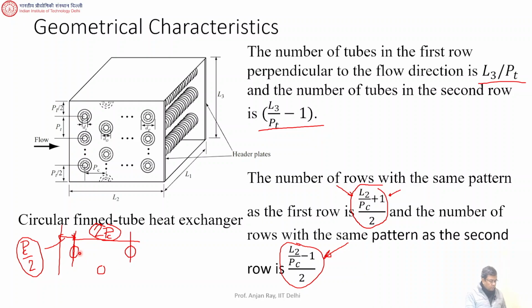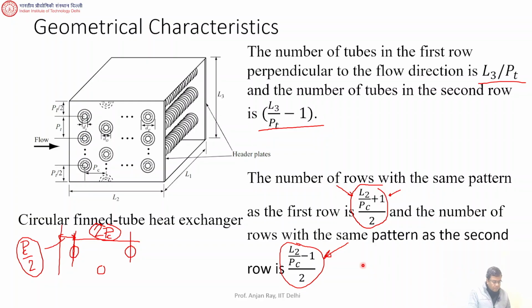So if this is 2 PC, then will we get this? We'll have PC by 2 on this side, we'll have PC by 2 on the right hand side. Okay, fine. I think we cannot derive all of these in detail, but I have to ask you to check these at home, right? I gave you the idea.